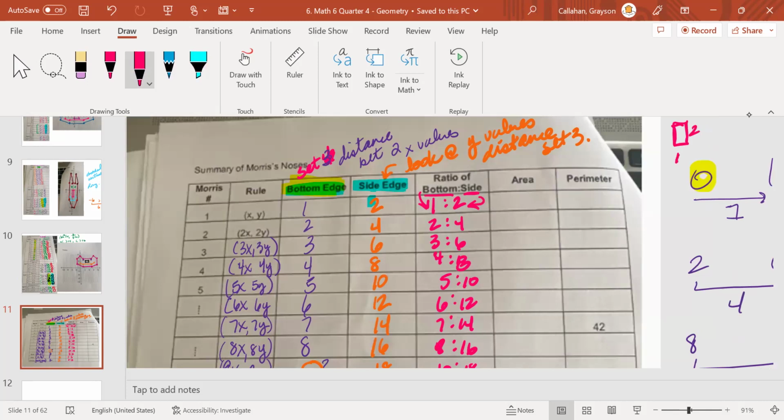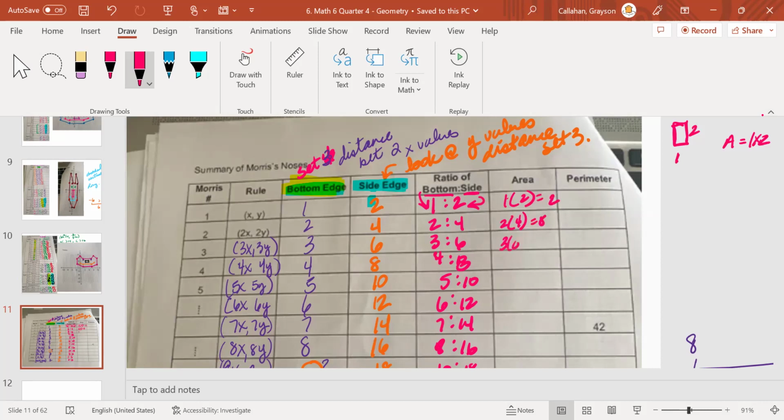This is 1, this is 2. How do you find the area of these two numbers? I can multiply that. Yeah, 1 times 2. So 1 times 2. 2 times 4, which is 8.